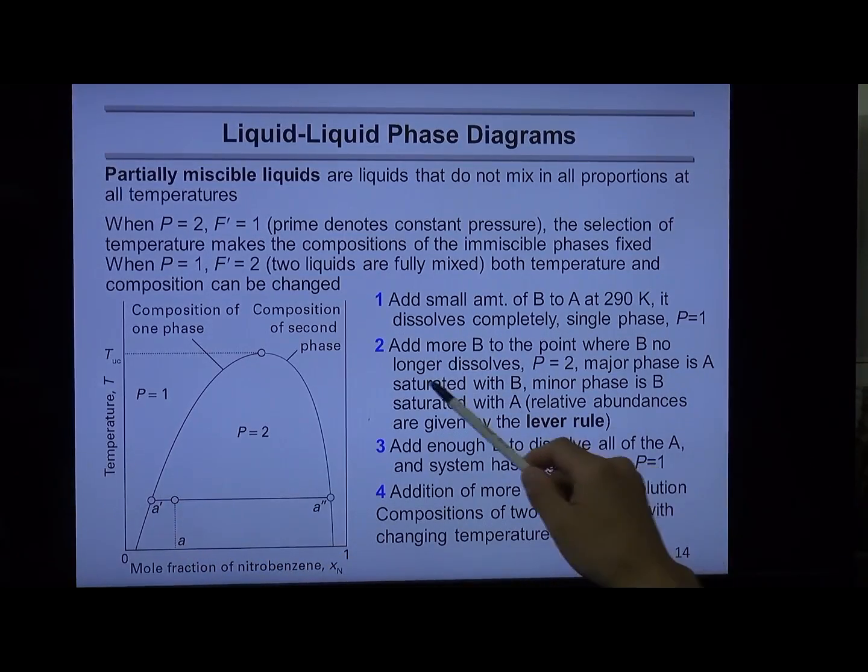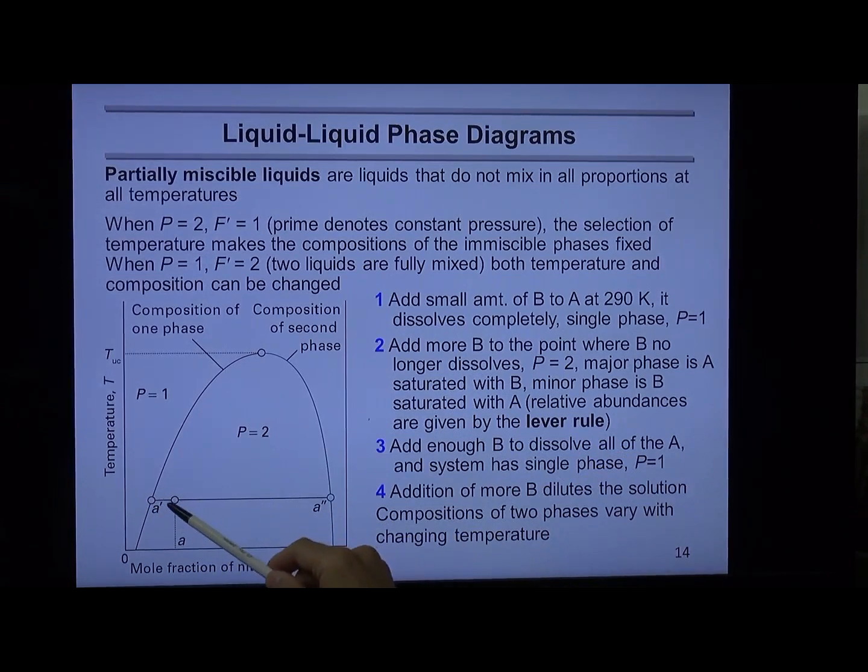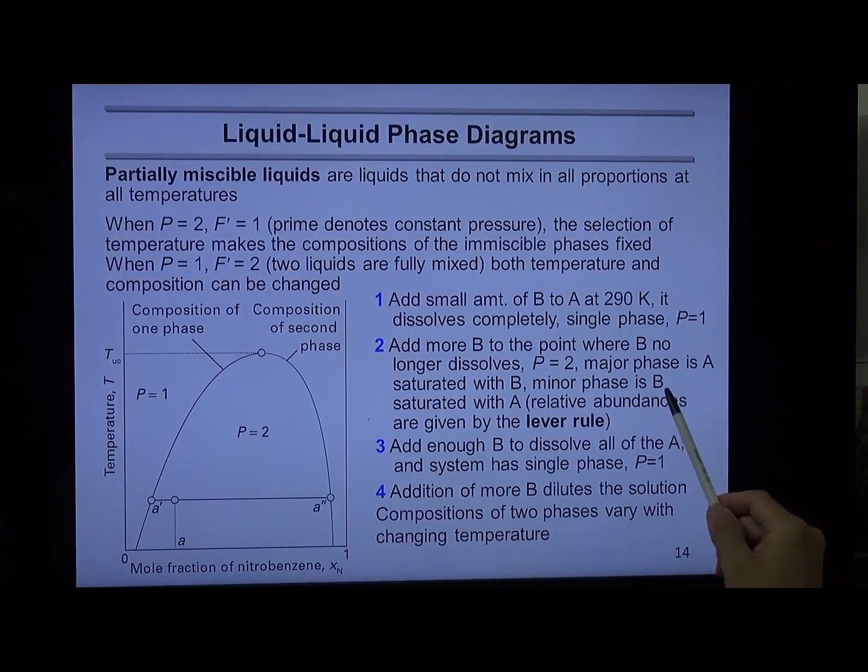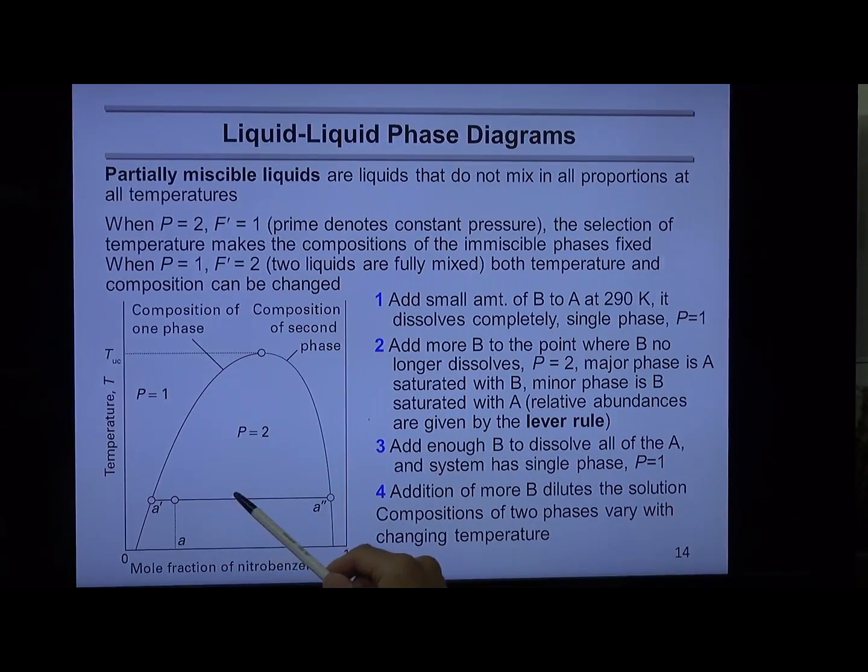So the major phase is A saturated with B, and if you add more B above this phase boundary, then B cannot be dissolved in A. And there is another phase which has more B, which is B saturated with a small amount of A. So in this region, those two different phases are present. One of them is A saturated with B, the other is B with a small amount of A.